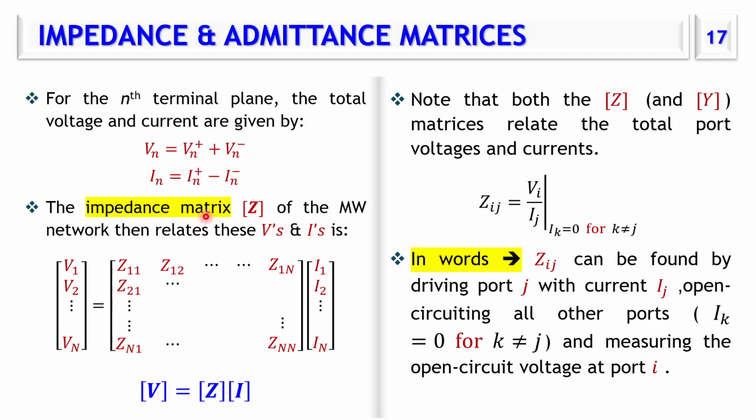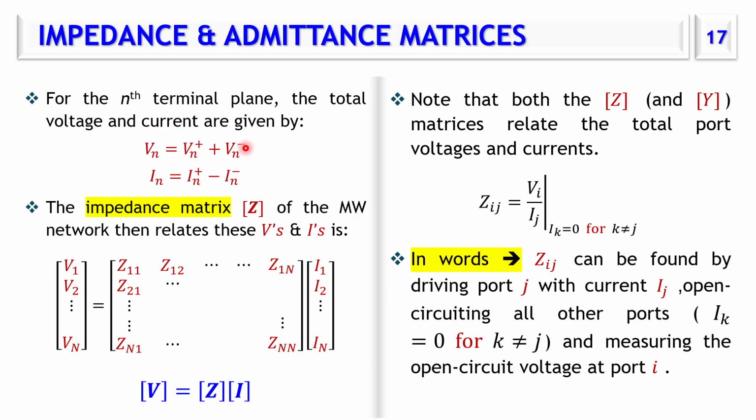So if we have an N-terminal network, at the nth terminal plane, the voltage and current are defined like this. Vn plus is the wave propagating inward into the port.